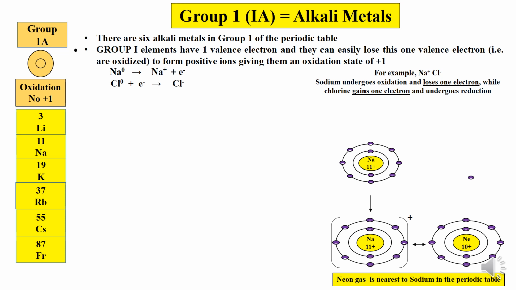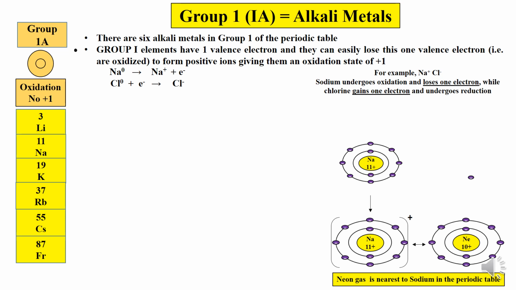And neon gas is nearest to sodium in the periodic table. So sodium loses its only valence electron to attain the stable electronic configuration of neon, as neon is the only noble gas that is nearest to sodium in the periodic table. So now we know the reason why group 1 elements lose only one electron in a reaction.